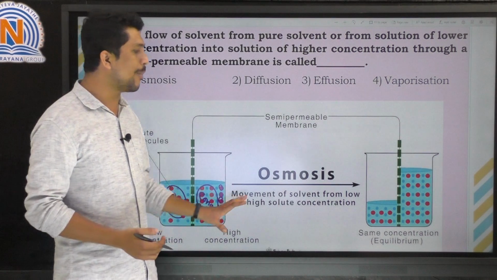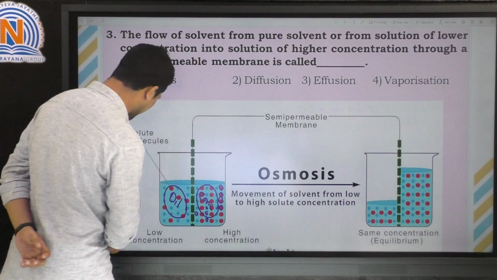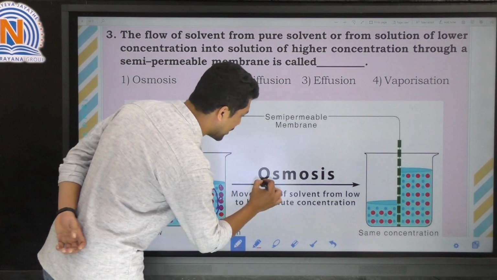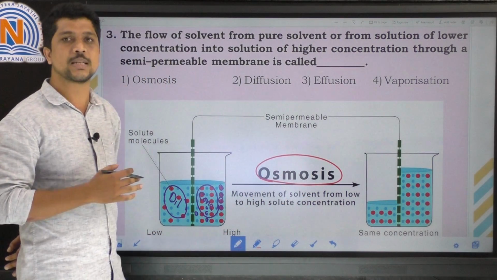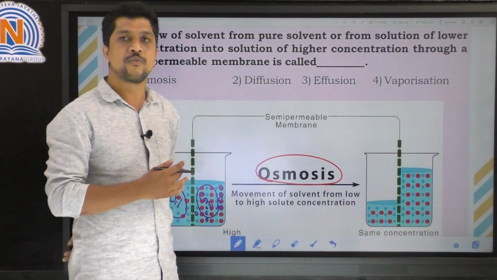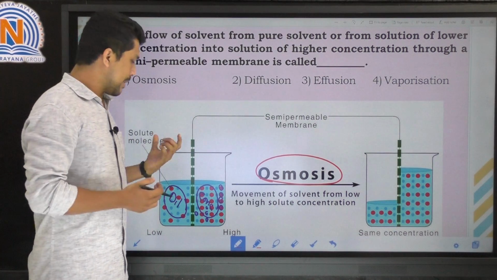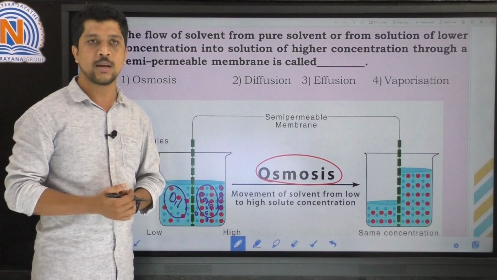This complete process is called osmosis. In the osmosis process, we separate two solutions, a concentrated and a dilute solution, with a semi-permeable membrane, and the pure solvent moves from the dilute solution towards the concentrated solution.